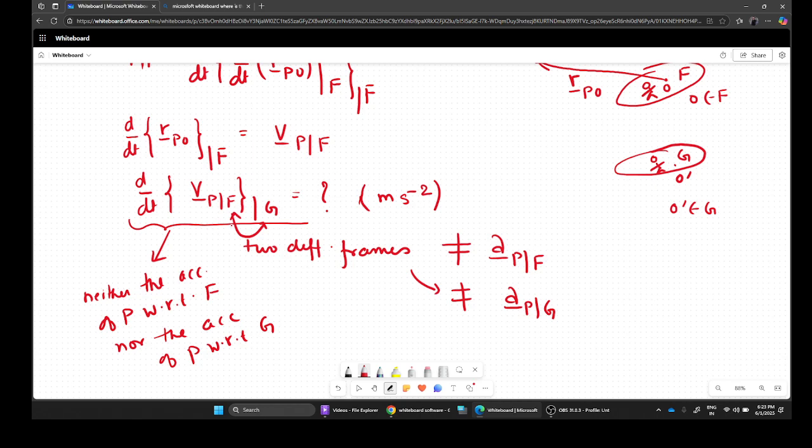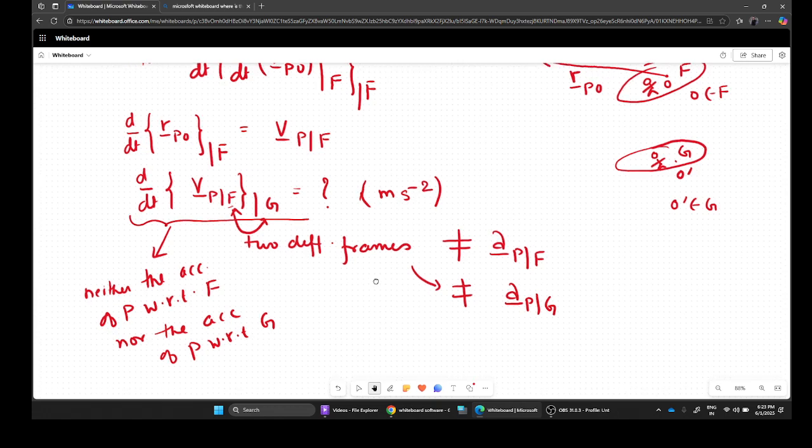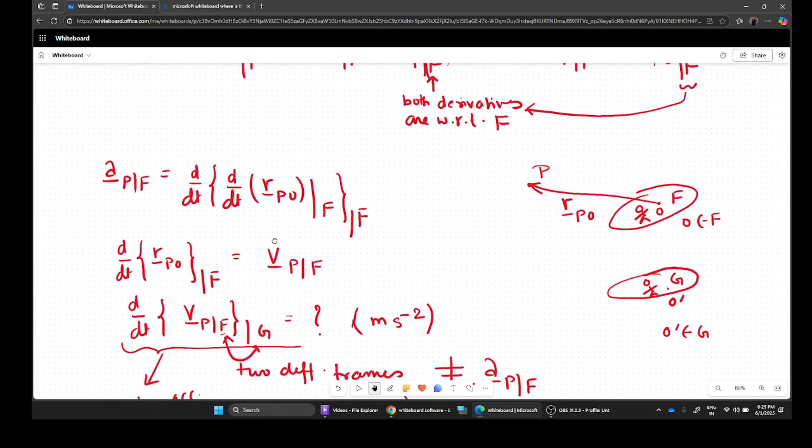If such a quantity is indeed appearing, this would not be considered to be an intentionally defined quantity. Most likely it is a mistake. So please keep this in mind, that for APG, the acceleration of particle P, to be sensibly defined, both the reference frames should be F.